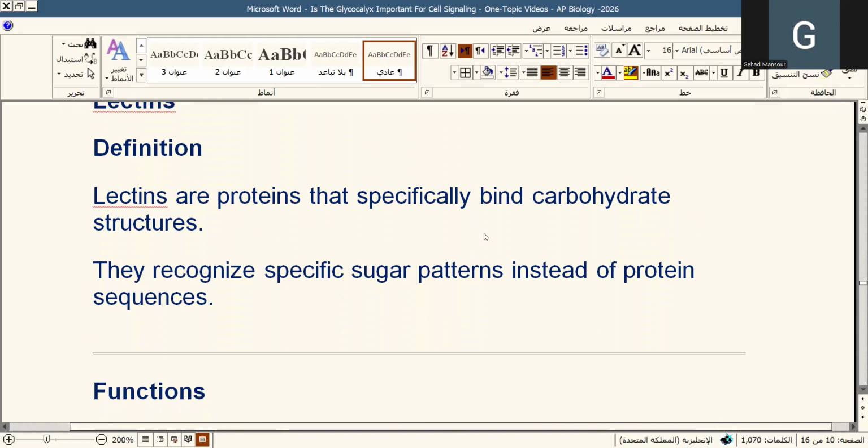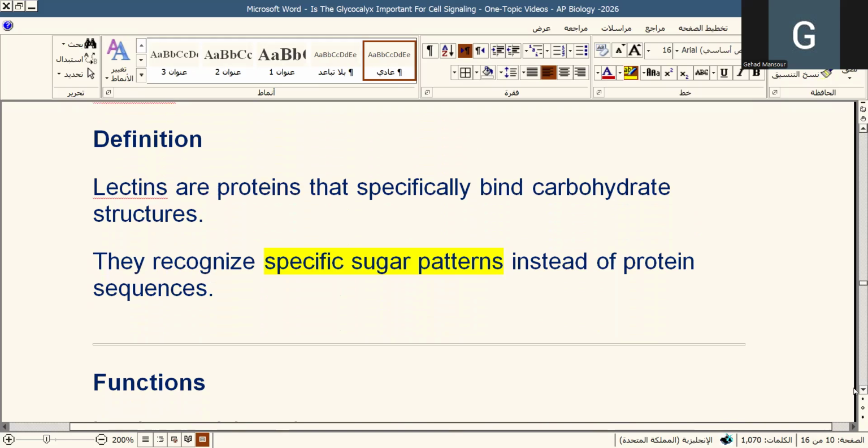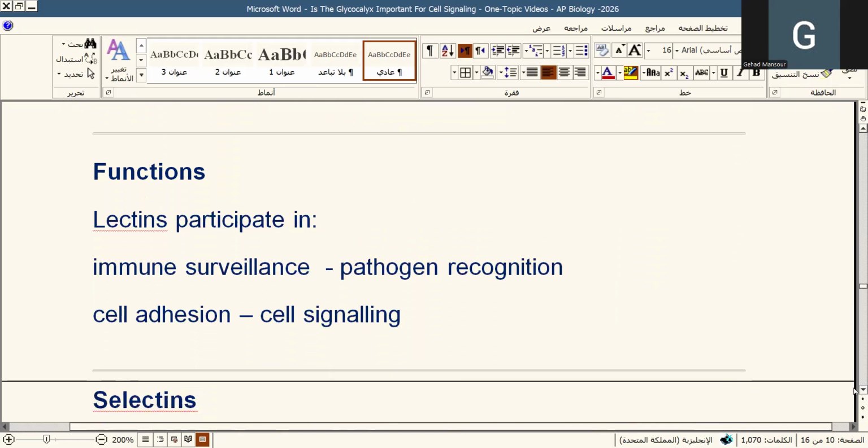So the lectins are proteins that specifically bind to carbohydrate substances on the surface of the cell, and they recognize sugar patterns instead of protein sequences or protein antigens.